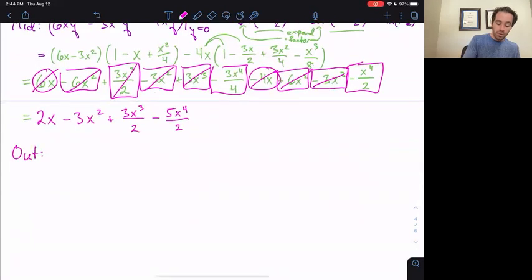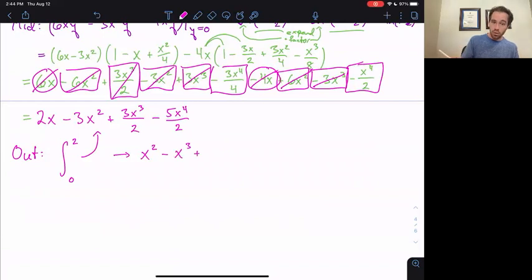Finally, the outer is going to be the integral from 0 to 2 of this. And that's going to be 2x squared over 2, or simply x squared, minus 3x cubed over 3, or simply x cubed, plus 3x to the fourth over 4 over 2. That'll be 3x to the fourth over 8.